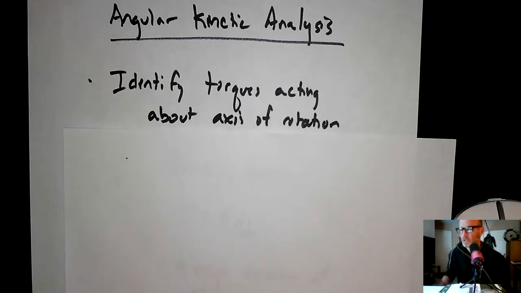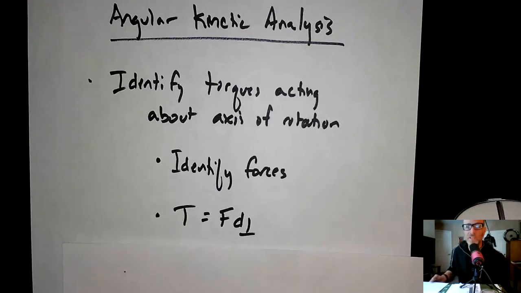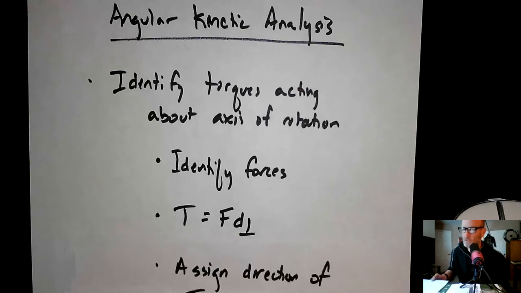All right. So in order to identify a torque, we need to identify the forces acting on the forearm that would tend to rotate the forearm around the elbow. We'll use this equation to identify and calculate the torque due to each of these forces.